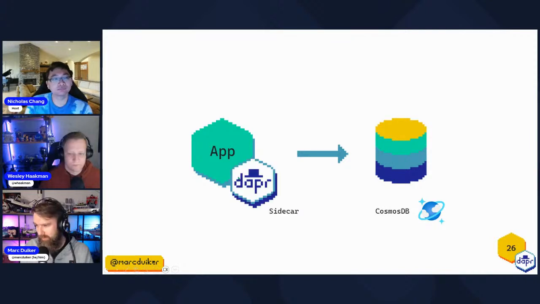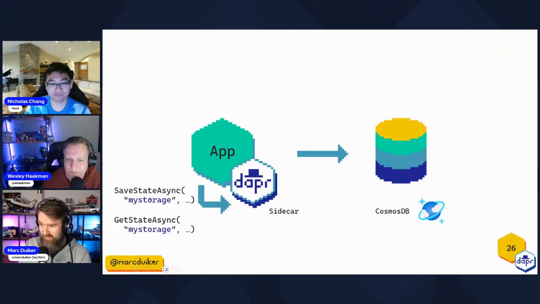But in this case, we're using Dapr. So there's a Dapr sidecar. Your application actually talks to the Dapr sidecar in order to interact with the state management. So there are some methods like save state async, and get state async. This is in the case of the C# SDK.